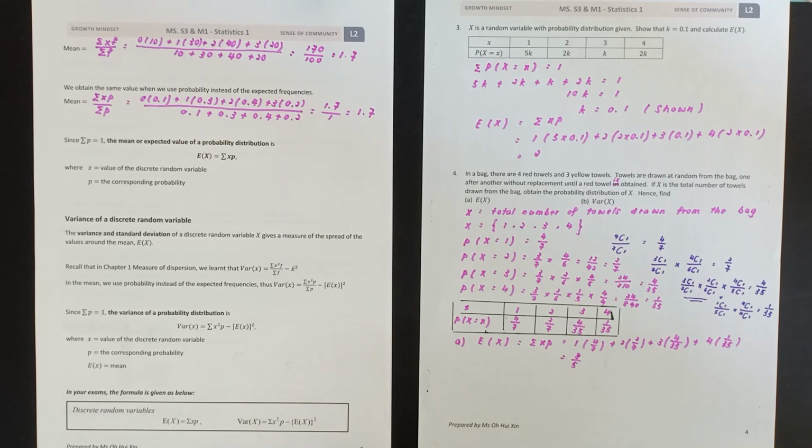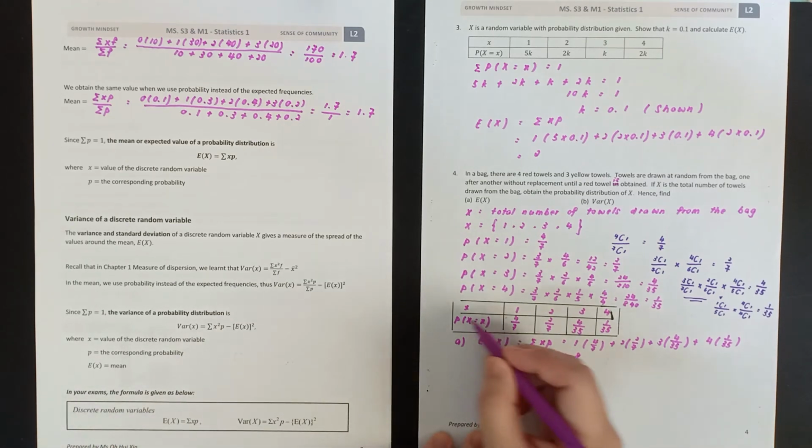The expectation is a mean, 8 over 5 towers, so it cannot be something that most likely happens. It's just a theoretical mean. How do you count 1.6 towers? So this is not the most likely event to happen, just a theoretical mean.